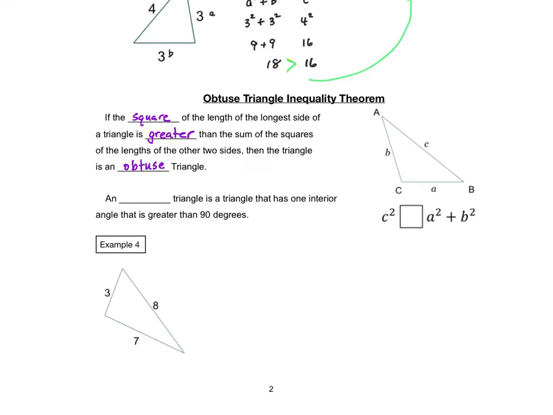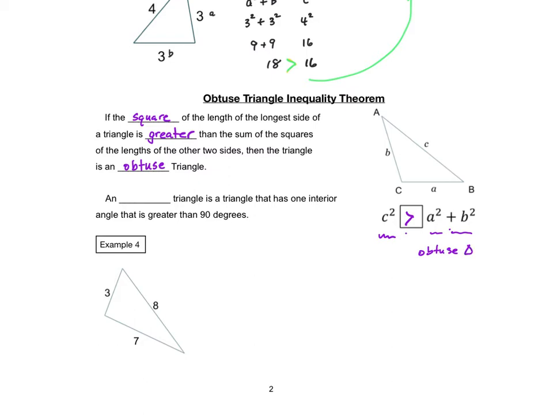So what they're saying here is, if the square of the longest side of the triangle is greater than the sum of the squares of the other two sides, then we will have an obtuse triangle. This would be, if C squared is greater than A squared plus B squared, then we have an obtuse triangle.